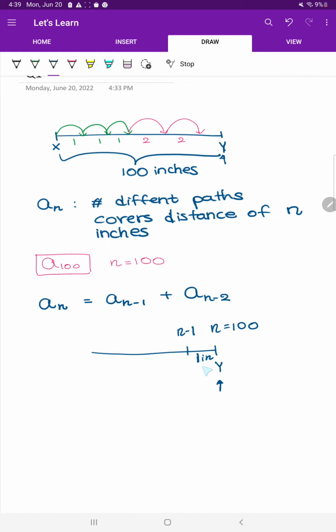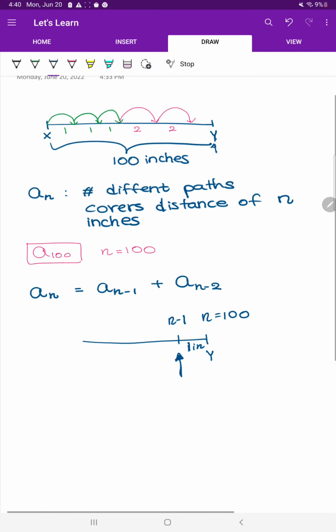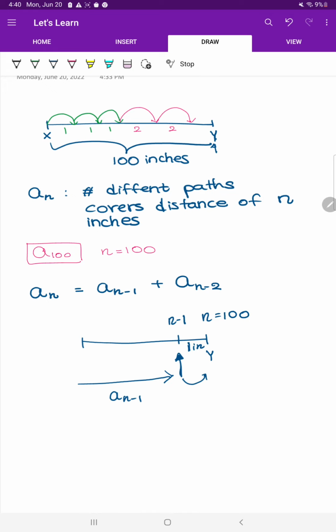If only 1 inch is left, if we are at 1 inch before the last step, the number of possible paths to come up to n minus 1 distance is going to be a_(n-1), and after that there's only 1, because there's only 1 inch, there's no choice.